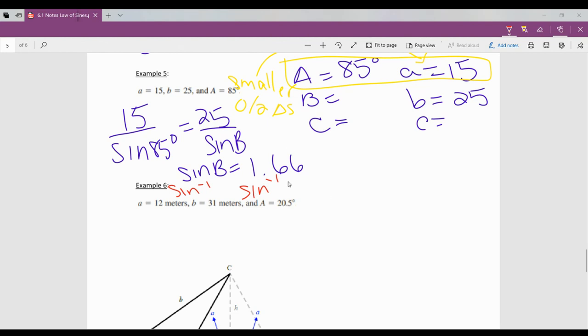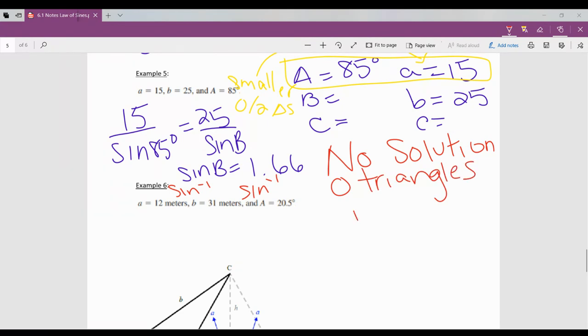So this is no solution. There are 0 triangles possible. There's no way we can create a triangle with that given set of measurements.